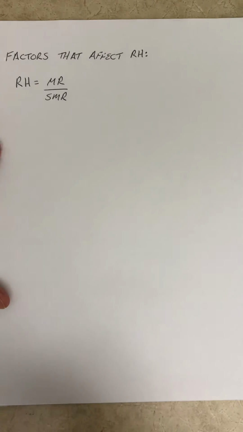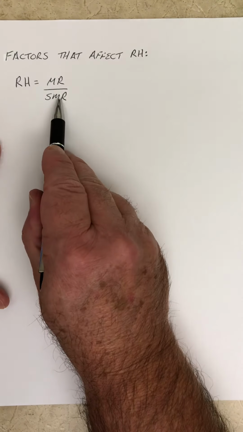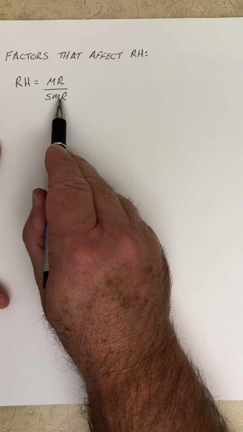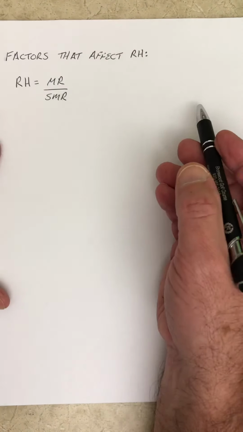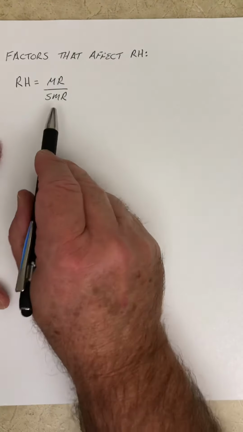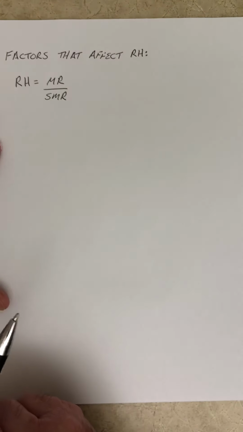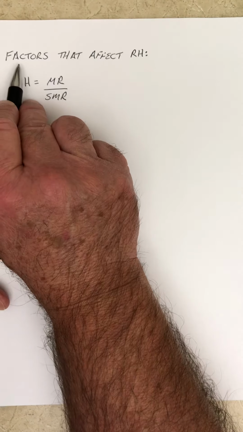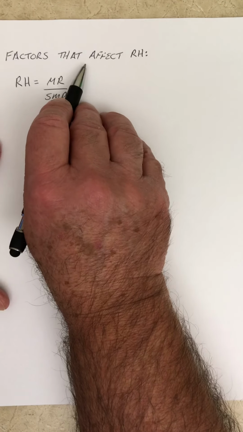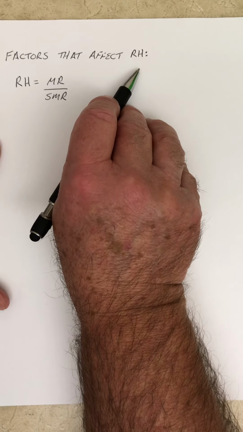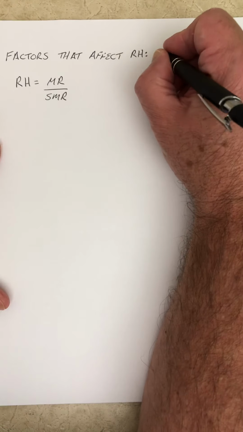Remember, the saturation mixing ratio is dependent on the air temperature. If you know the air temperature, you know the saturation mixing ratio. So what we're going to do is change the temperature. A second factor that affects relative humidity is changing the air temperature.